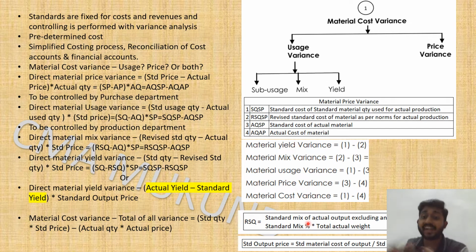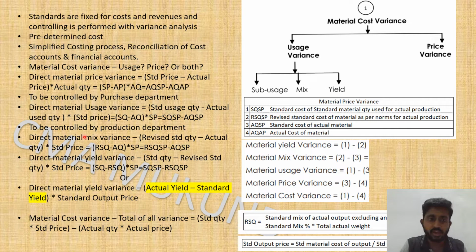So standard mix of actual output, C is the output, how much kg of final output is produced, multiplied by the standard percentage of each item that has to be mixed to make the end product C. Okay, so standard mix percentage that would be given in the question multiplied by the total actual weight of the end product that is produced. Okay, and excluding the losses. Okay, and that would be the revised standard quantity.